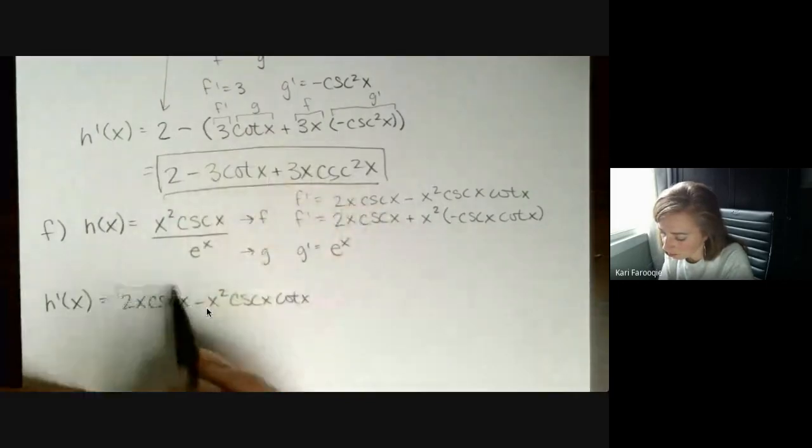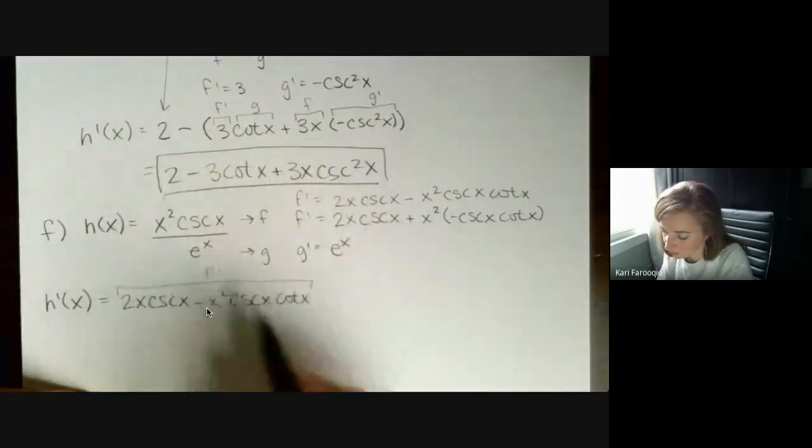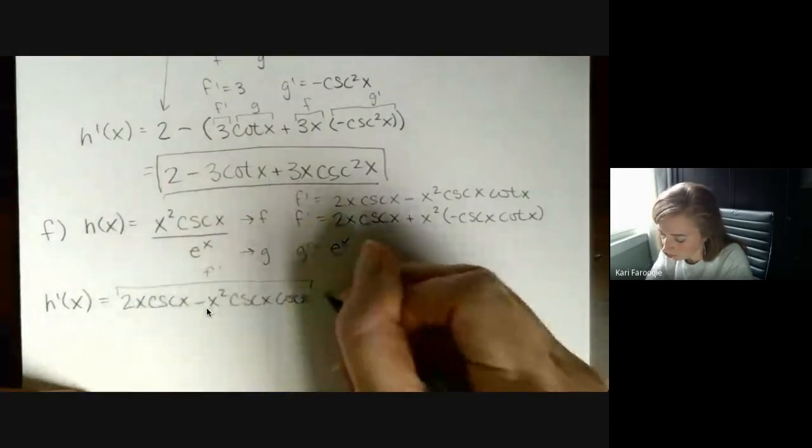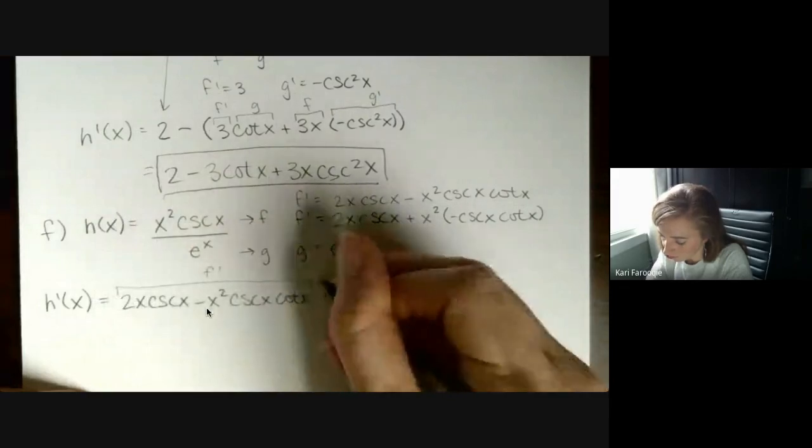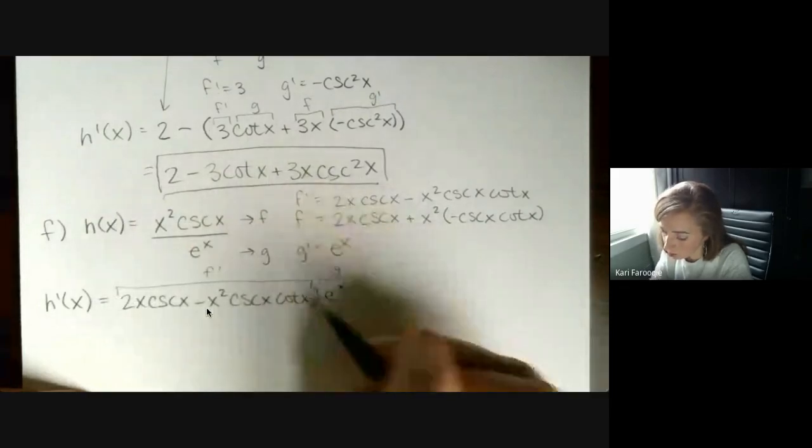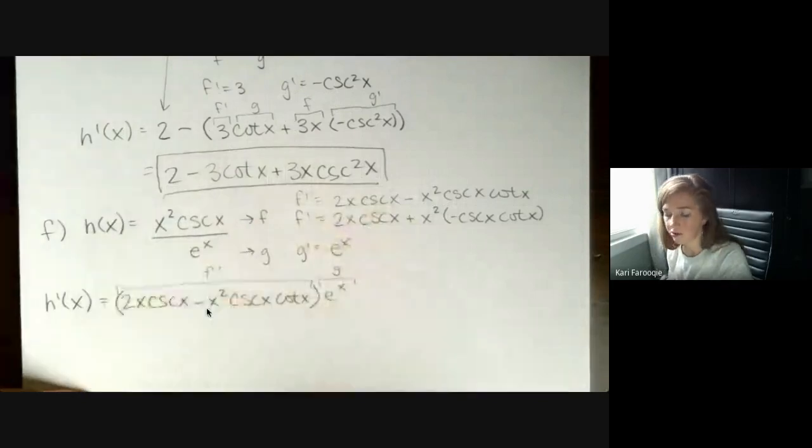That's f prime. And then we have g. I would put parentheses around f prime if I were you, because you want to make sure that g is multiplied by that entire quantity and that it's not just being multiplied by that second term.